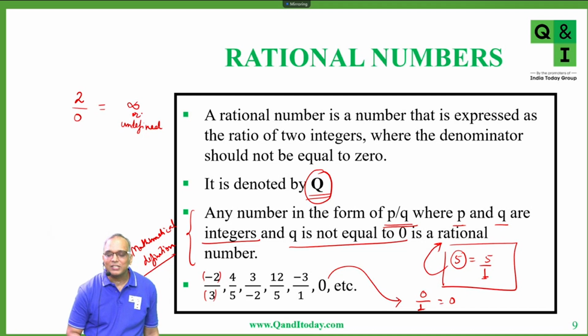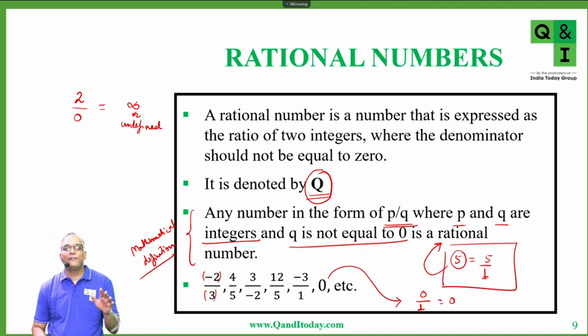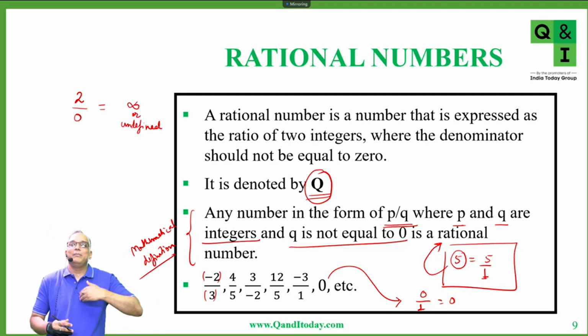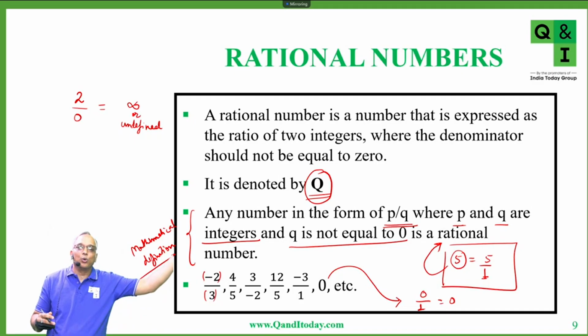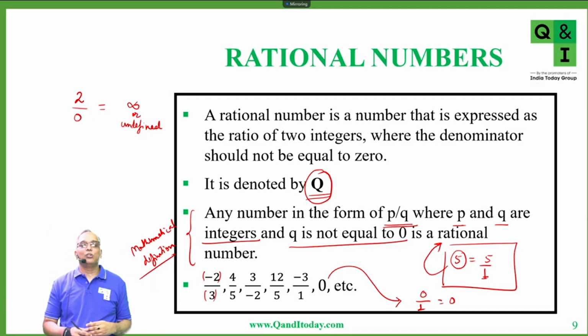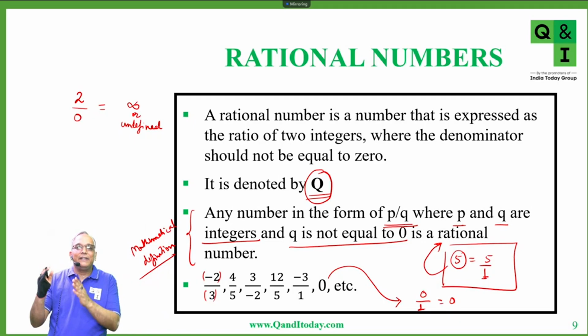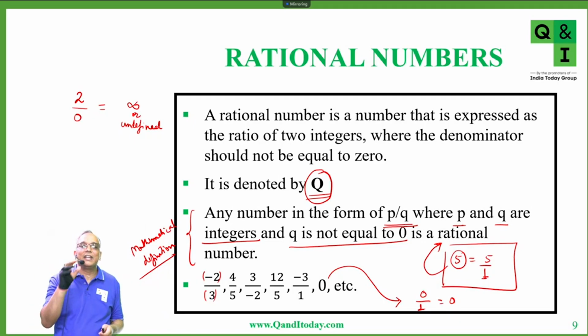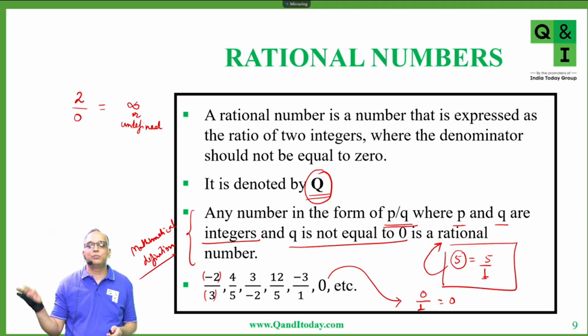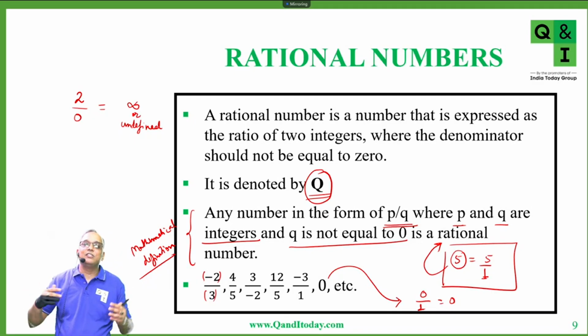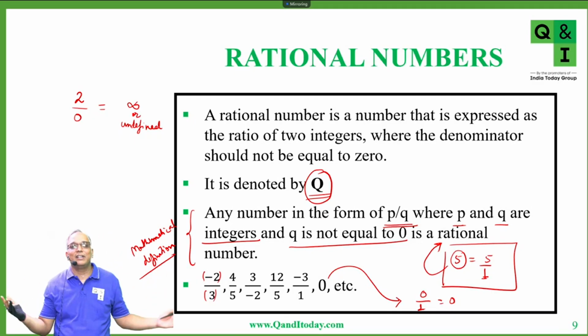This is because infinity is not defined. Infinity for me can be, let's say, 1 crore. For someone else, it can be 10 crores. For someone else, it can be 1 lakh. So infinity is not defined. The definition changes from person to person, right? For example, if you say how big it can be, it is very big. Now, very big does not have a definition, right?